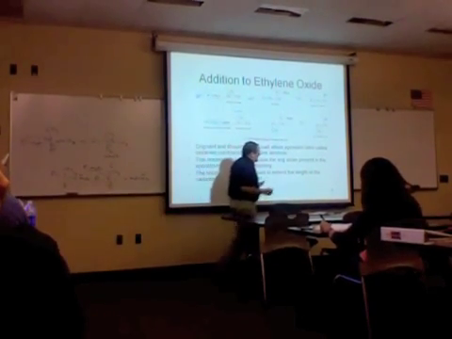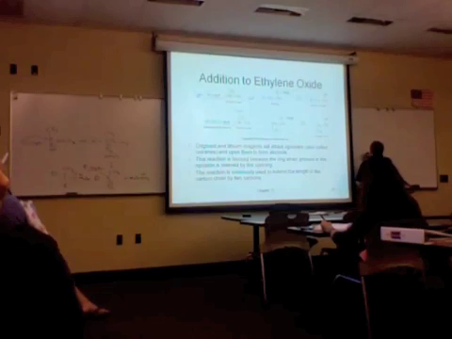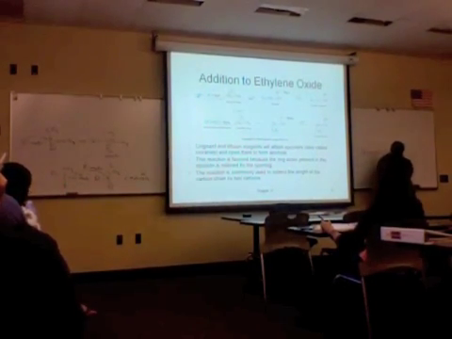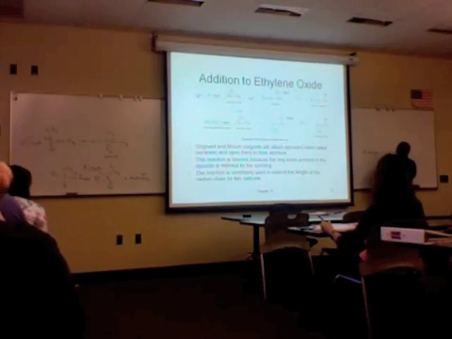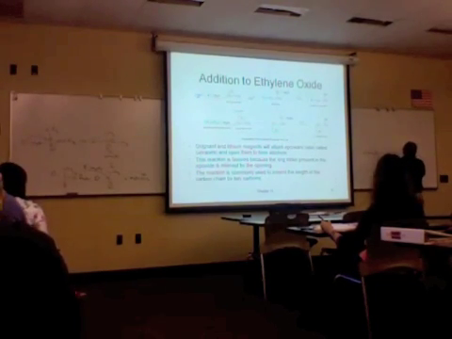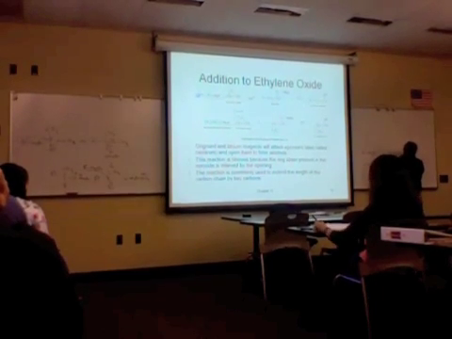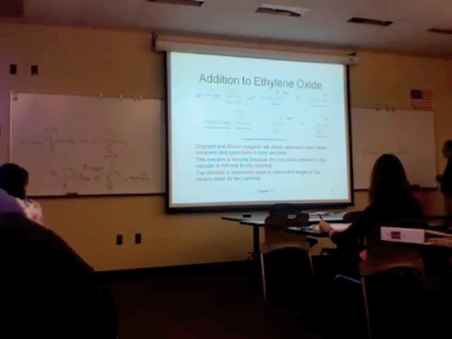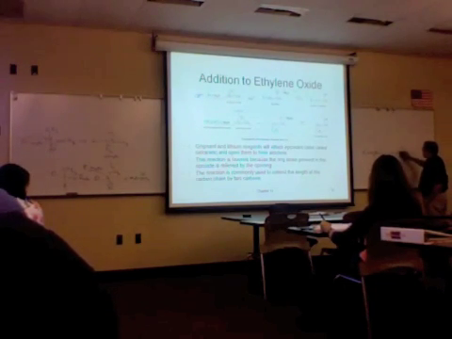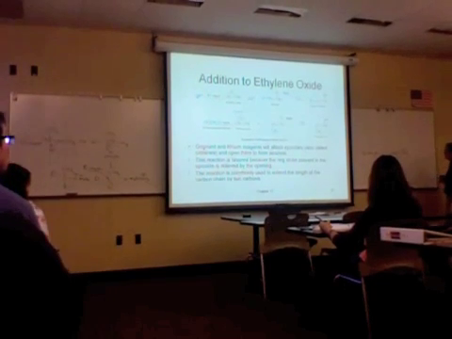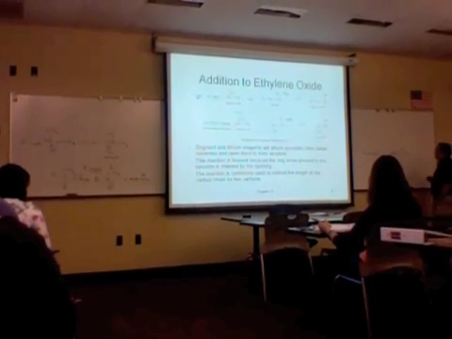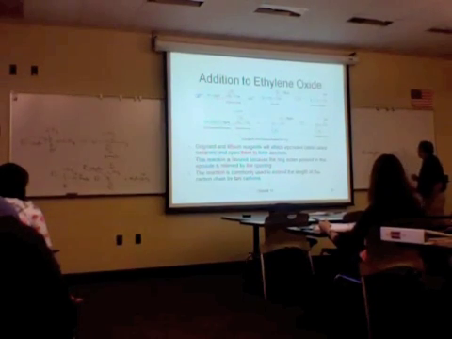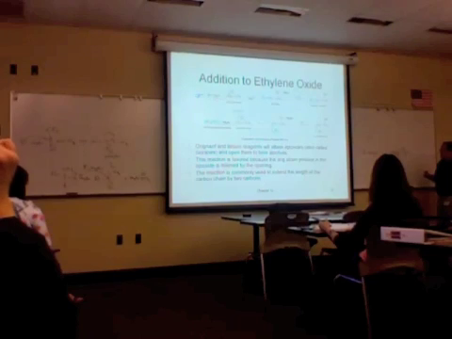Is it like an anti-Markovnikov thing? Yes. Here's my Grignard reagent. And here, let's do propylene oxide. Now, which of these carbons is more crowded?